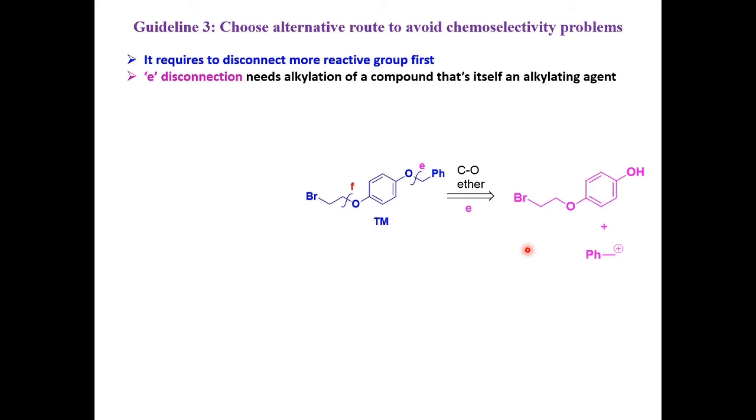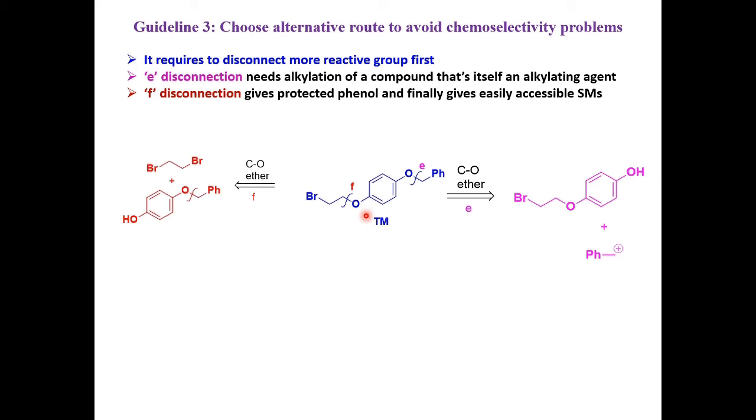In this case, this connection requires alkylation, but this itself is acting as an alkylating agent, so it will cause a chemoselectivity problem. To avoid this problem, we'll go for disconnection F. It gives a protected phenol, and when you cleave this CO bond, you will get this phenol and dibromoethane.